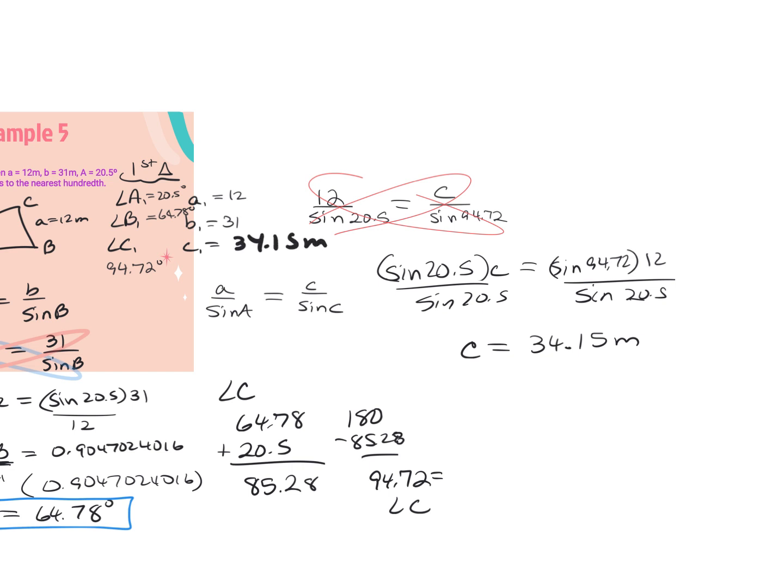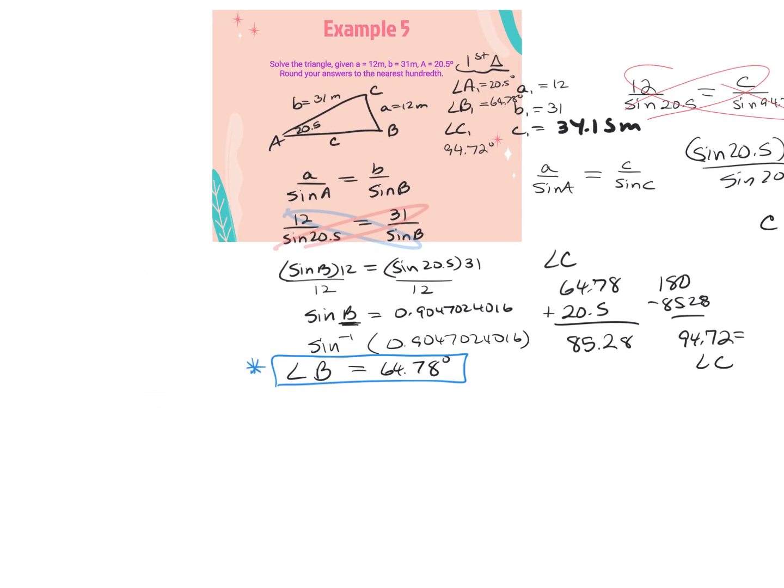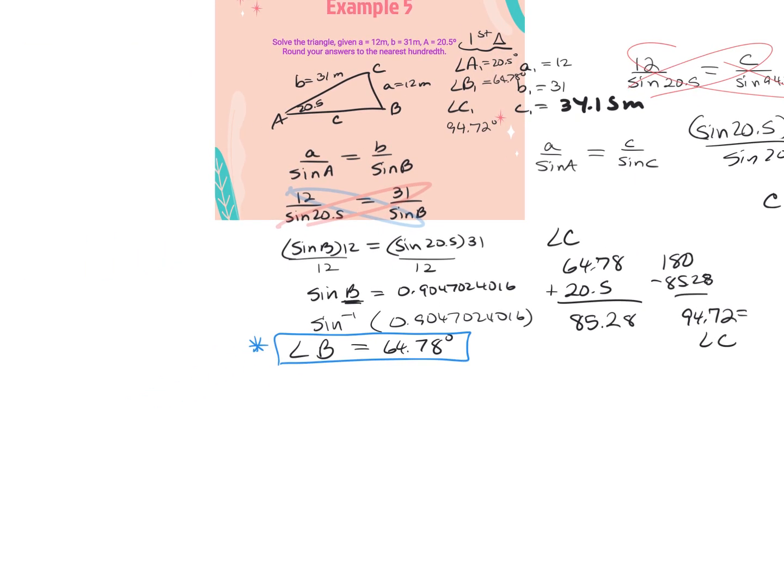Now I got to go back and do the check to see if there's a second triangle. So now this is where I'm going to take this angle B that I found, and I take 180 minus 64.78, I get 115.22.